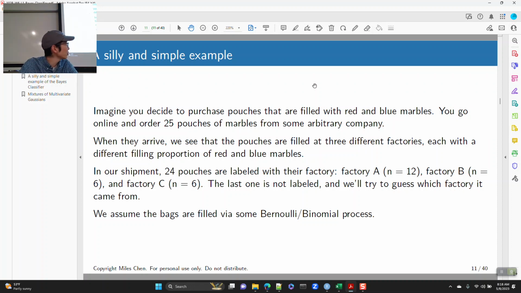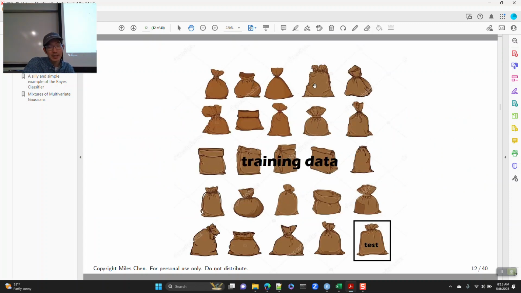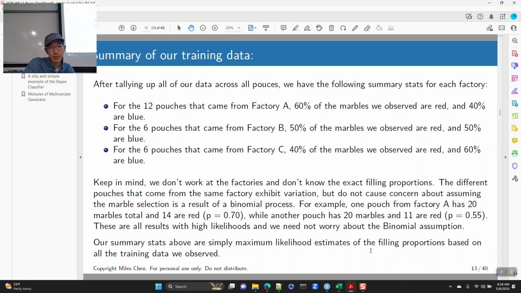We're going to assume that when the bags are filled at the factory, it's just a random thing: you mix red and blue marbles and dump them in. So you have 25 bags here. This is our training data, and then we have our one that we're trying to figure out. You decide to count all of the marbles.